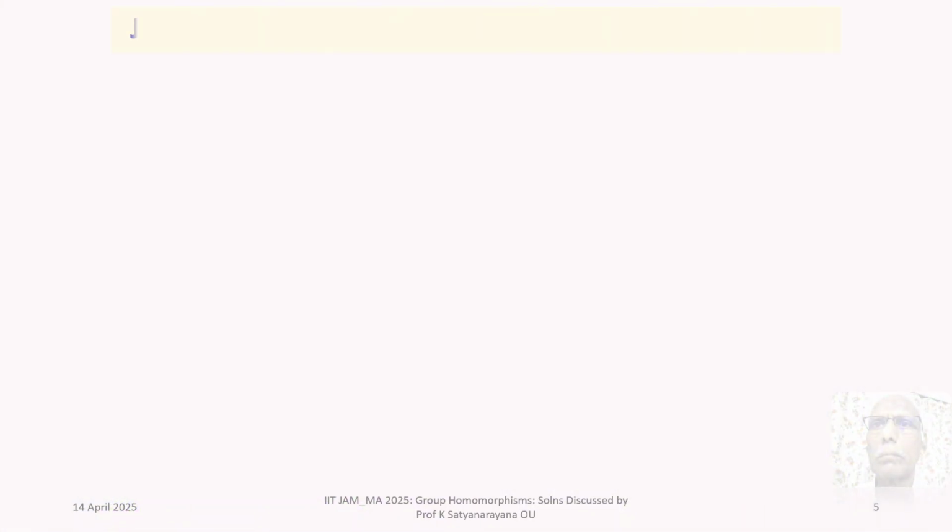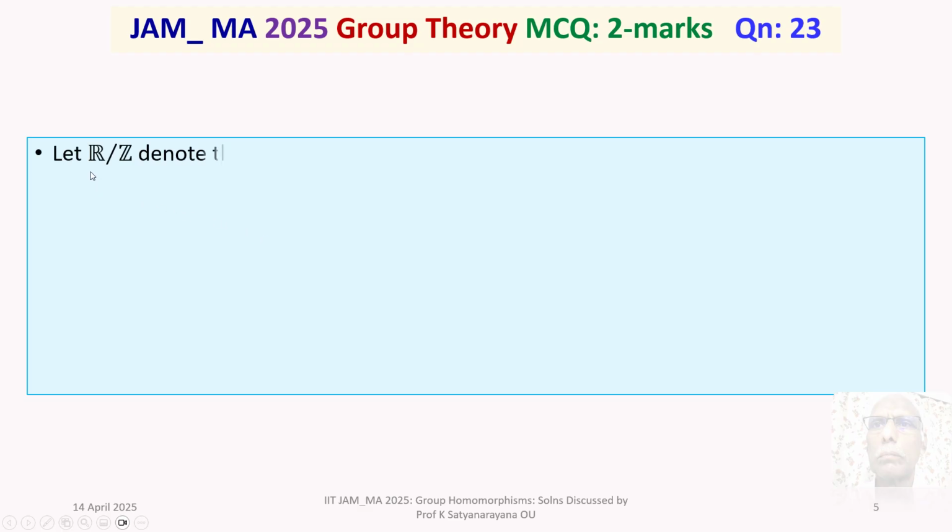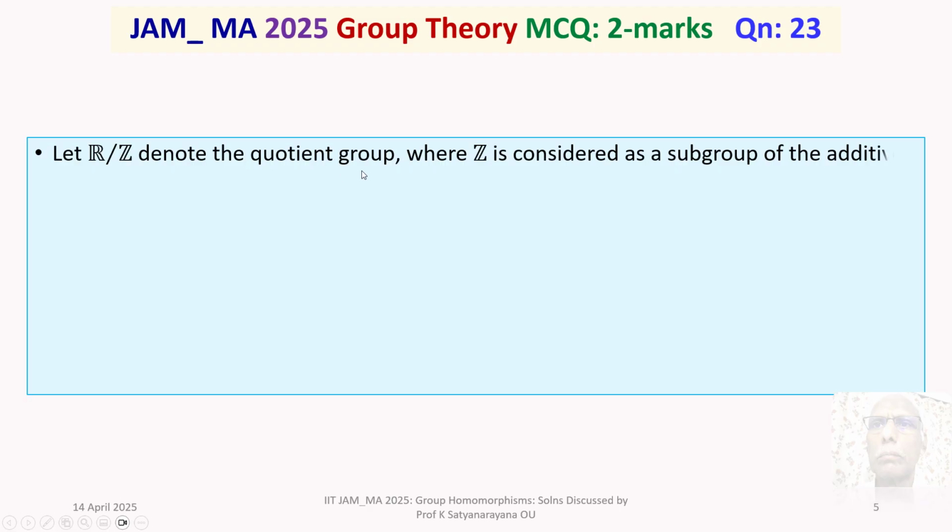The given question is: let R/Z denote the quotient group where Z is considered as a subgroup of the additive group of real numbers R. R is the additive group of real numbers and Z is a subgroup of R. Then R/Z is the quotient group.